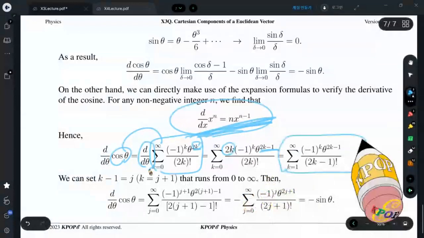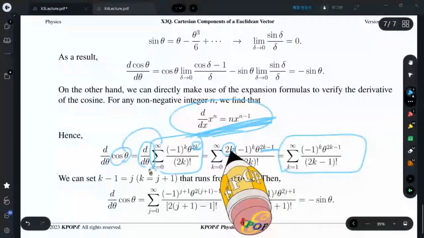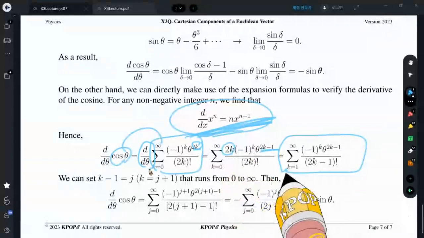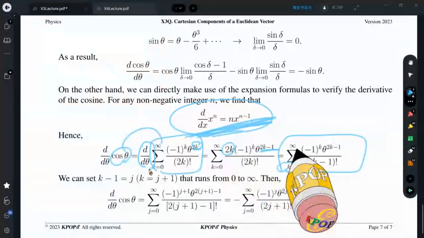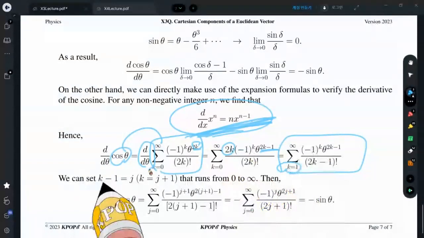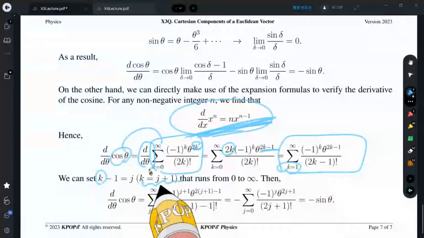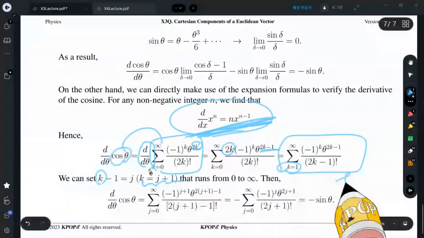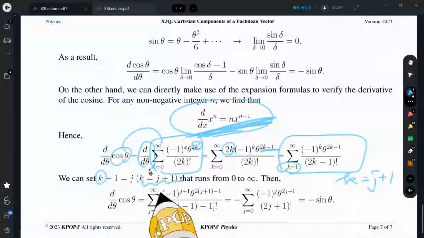The summation at k equals 0 becomes 0, so this summation is over k equals 1 to infinity. I can shift this k by 1, introducing a new summation dummy variable j, with k equals j plus 1, and then j runs from 0 to infinity.